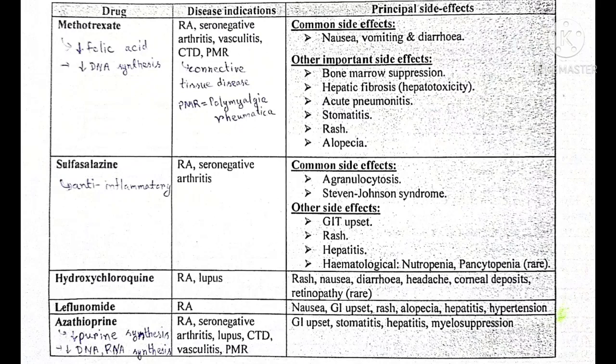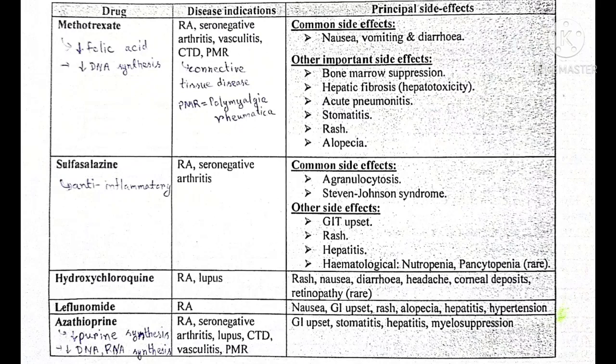Its indications are rheumatoid arthritis, seronegative arthritis, vasculitis, CTD or connective tissue disease, and PMR or polymyalgia rheumatica. Common side effects are nausea, vomiting, and diarrhea. Other important side effects are bone marrow suppression, hepatic fibrosis or hepatotoxicity, acute pneumonitis, stomatitis, rash, and alopecia.